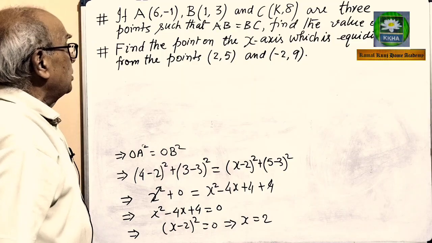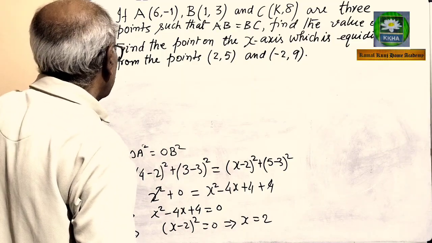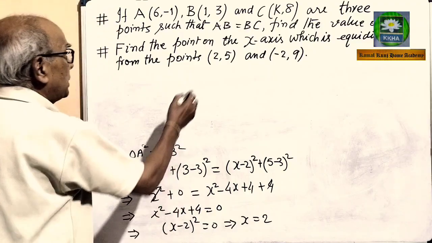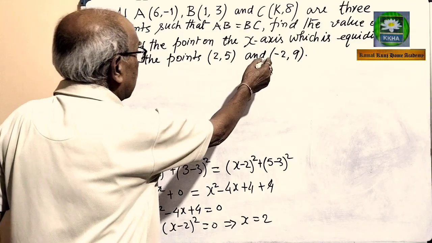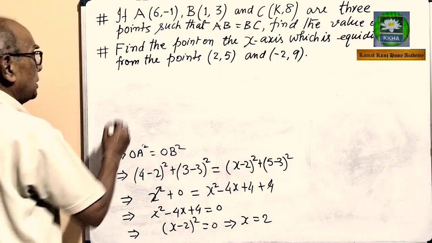Find the point on the x-axis which is equidistant from points (2, 5) and (-2, 9). These are the coordinates of the two points.